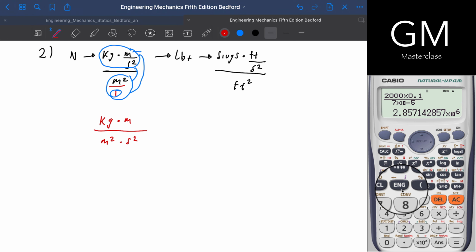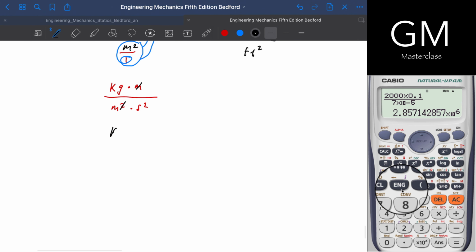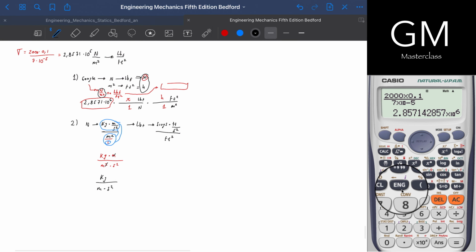And then I'm gonna eliminate these meters with this squared. So this result will be in kilograms divided by meters per square seconds. So as you can see, this is the same thing as this.